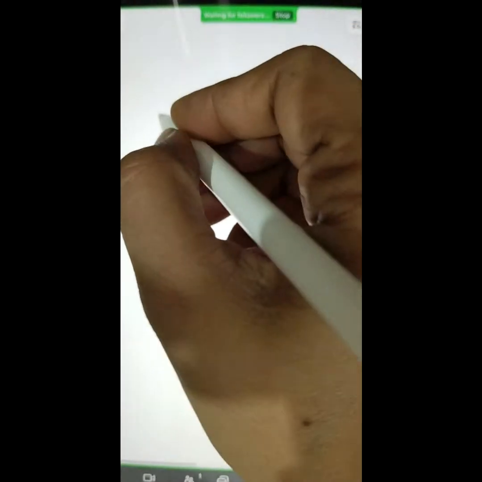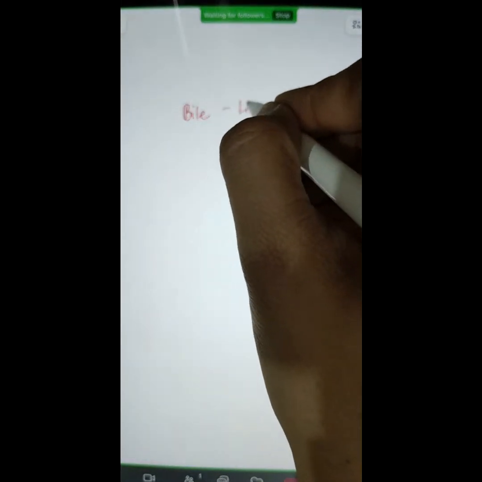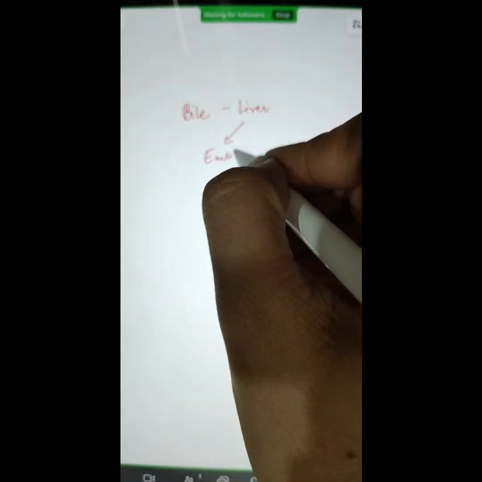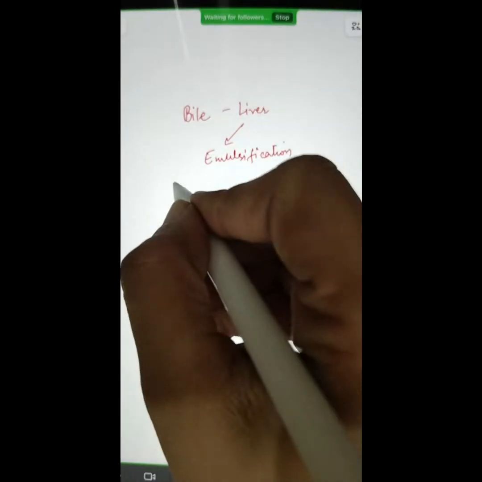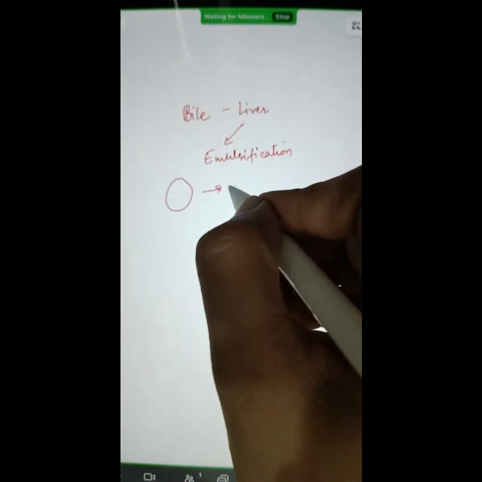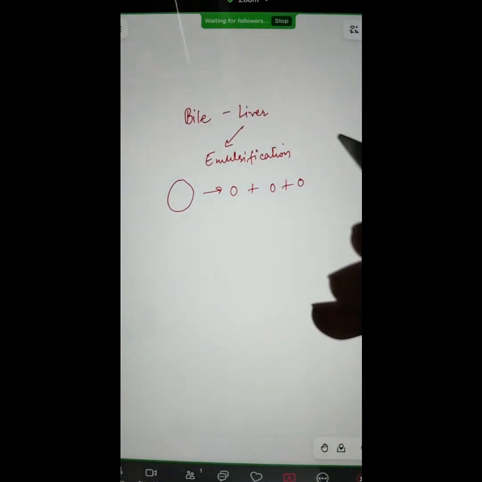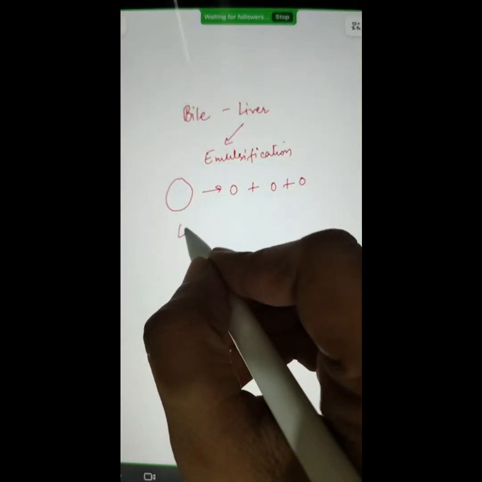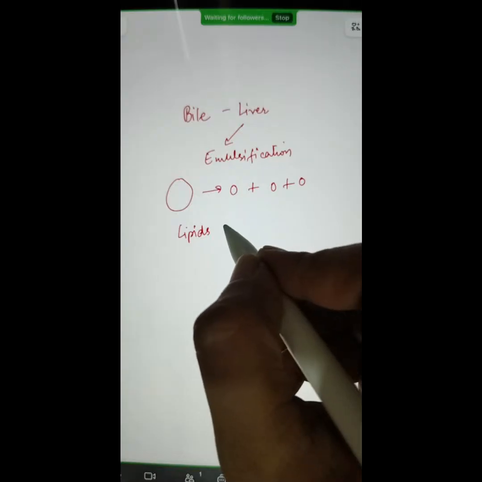Let me write here. So, bile that was produced by liver, this will first do the emulsification. Emulsification is a process in which a bigger molecule is converted into many smaller ones. We are just breaking a bigger thing into a smaller one. This process is known as emulsification, because lipids are being emulsified when they are acted upon by bile.